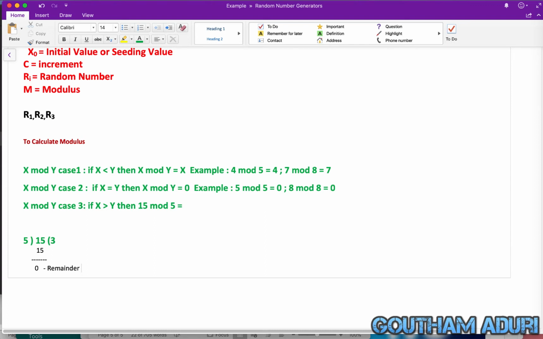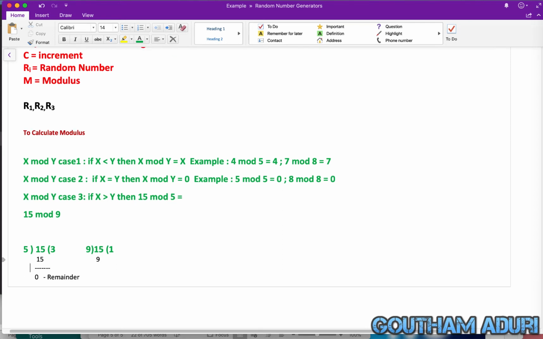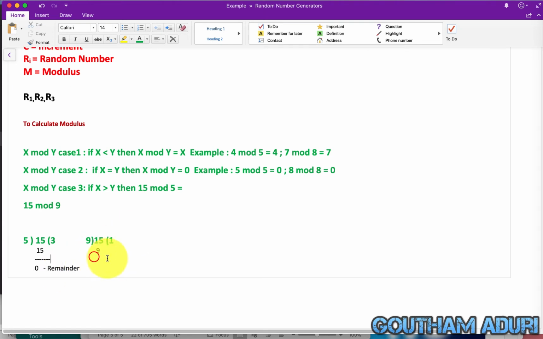Same thing, if I say 15 mod 9, I should divide 15 by 9, and whatever remainder I get is the answer. 9 ones are 9, so 15 minus 9 gives you 6. So 15 mod 9 gives you 6.